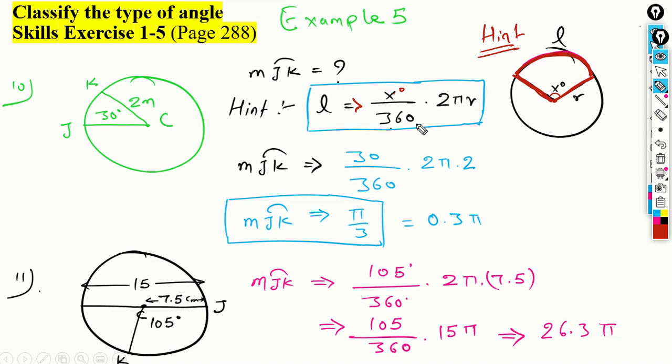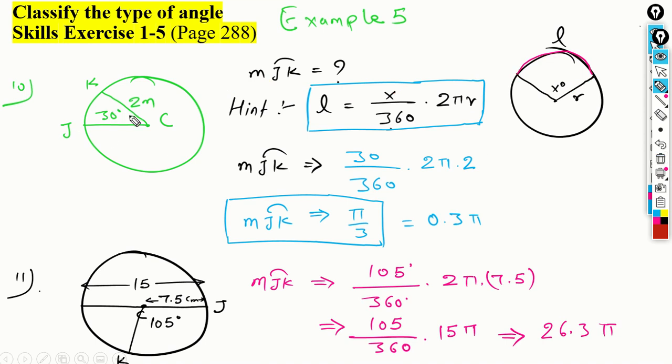So if somebody asks you what is arc length, the arc length formula is x divide 360 multiply 2 pi r. Good. Okay, and they most probably will give you radius and angle. So let's try to understand using an example.